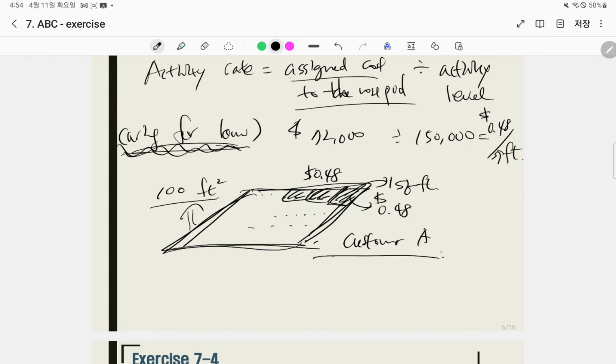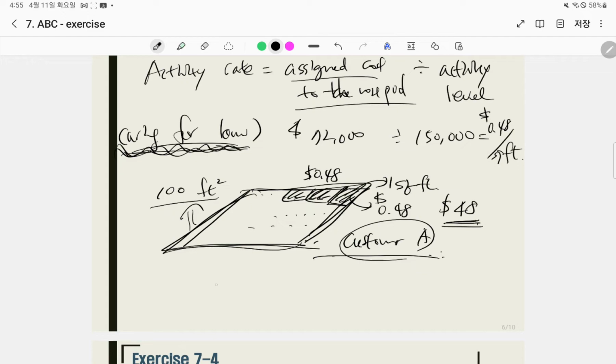Then for this customer, for this order, you incur $48 of caring cost per lawn.